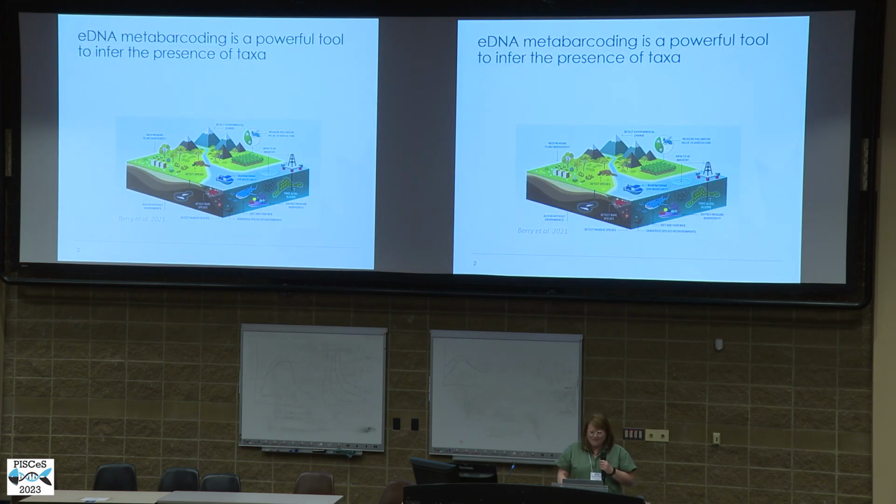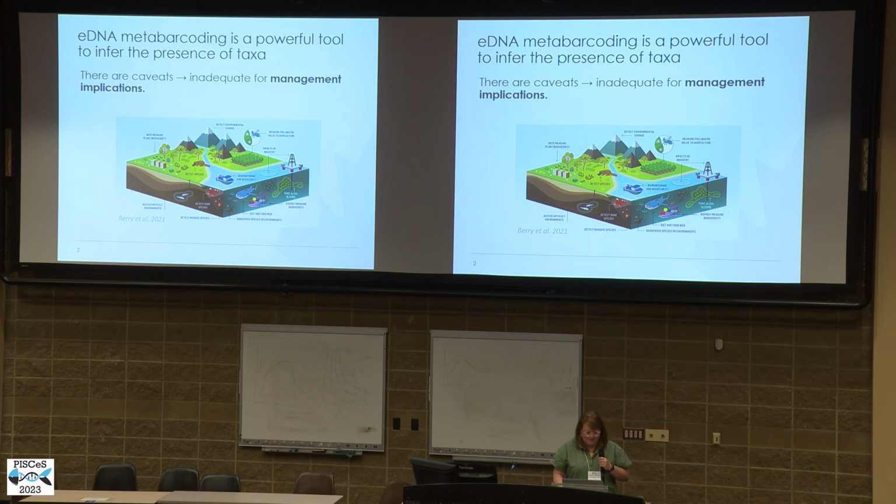So we all know that eDNA metabarcoding is a powerful tool to infer the presence of taxa. But we are also aware that there are some caveats, and we've seen in the recent presentations many ways that we try to improve those caveats. But for now, at least for the marine environment, it's still inadequate for management implications.